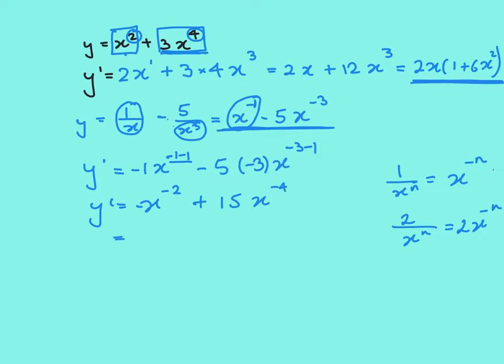If you want to have this in a nicer form, this one is nice as well, but if you do want a positive index, it's negative 1 over x to the power of 2 plus 15 over x to the power of 4. Okay, let's move on to another example.